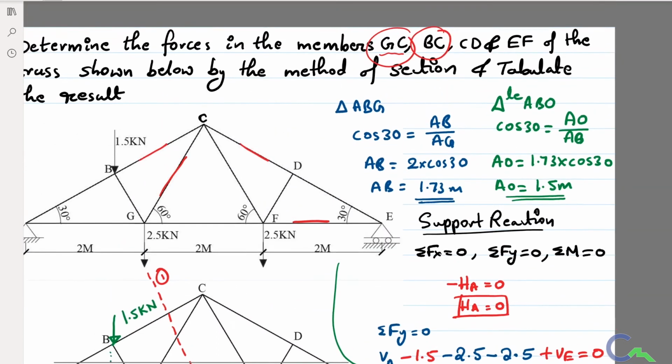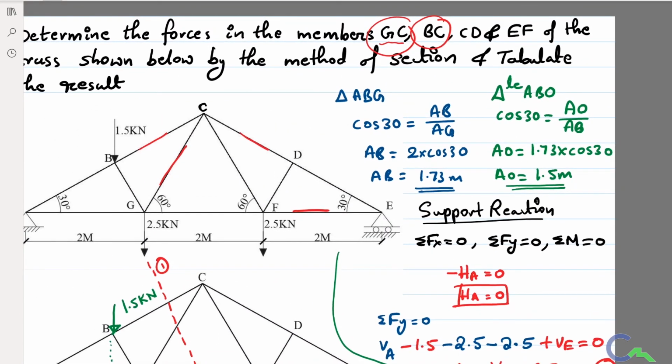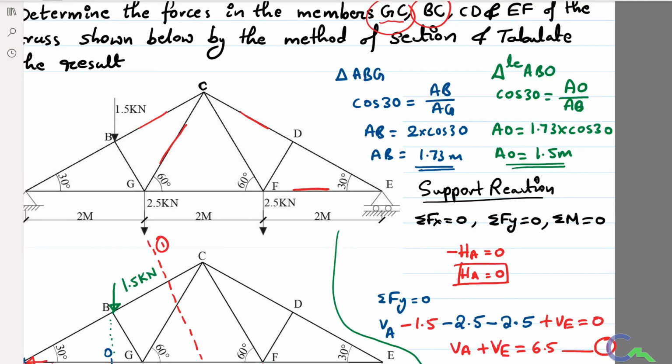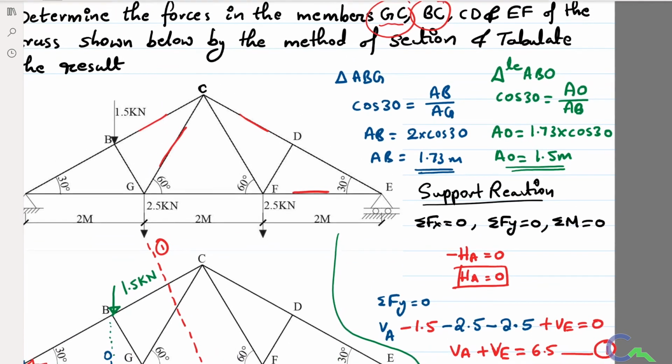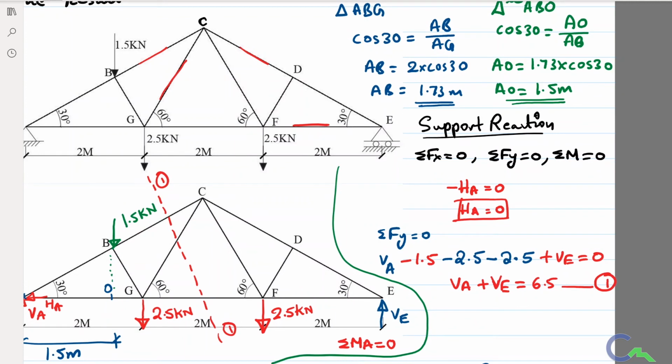So after calculating FGC and FBC, I am going to calculate forces in CD and EF. For that I am going to take one more section. So I want to calculate CD and EF. So I am going to take a second section like this, which is passing through 3 members, it is allowed.